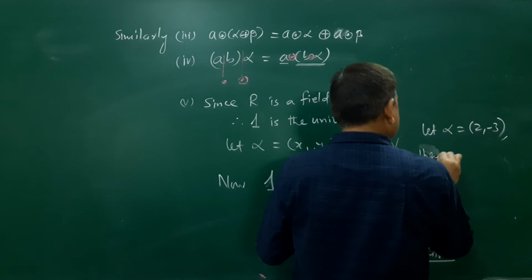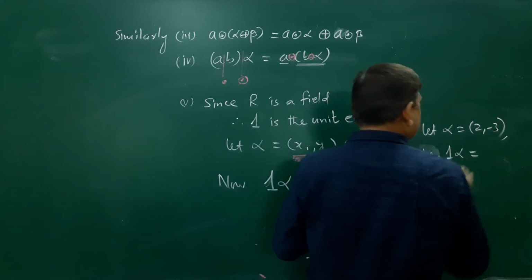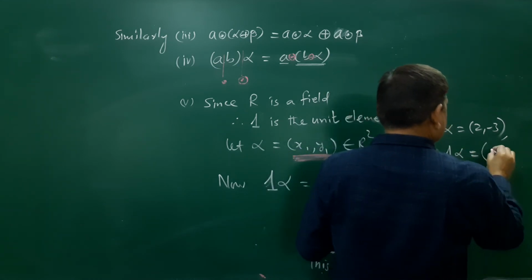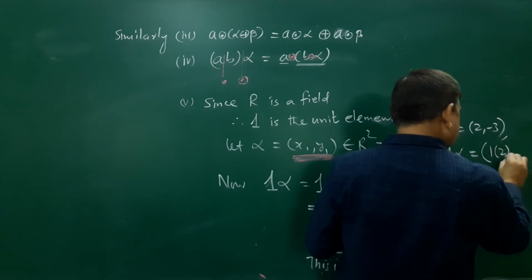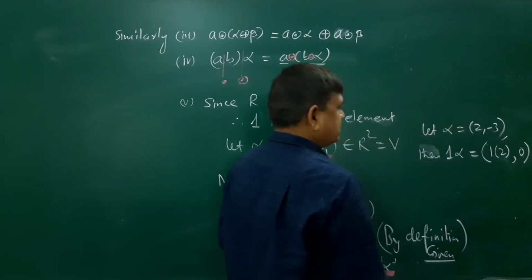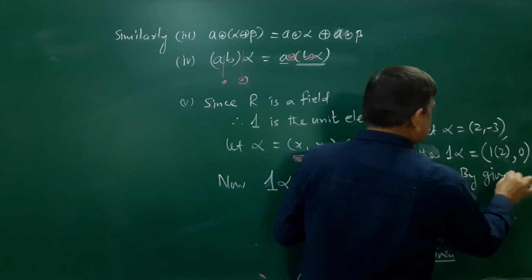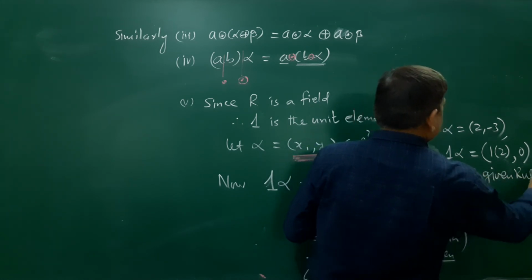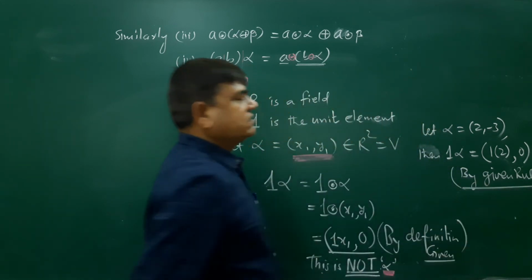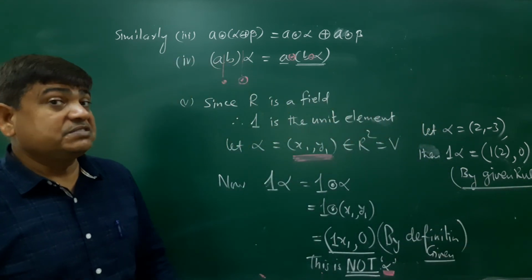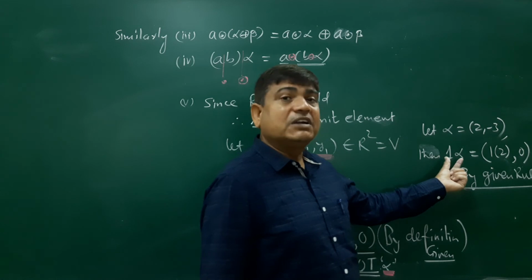Then 1 times alpha equals 1 into 2, by the given rule. This rule is given. Remember, this is not the ordinary scalar multiplication.